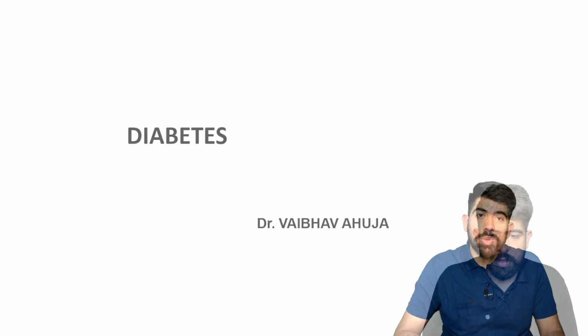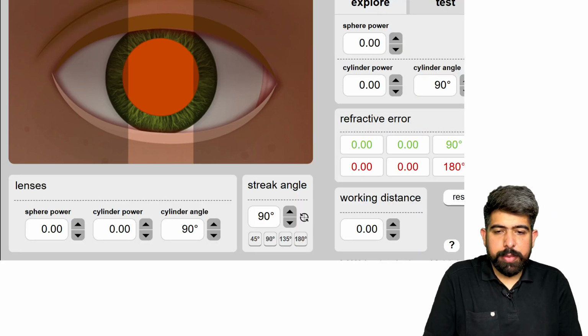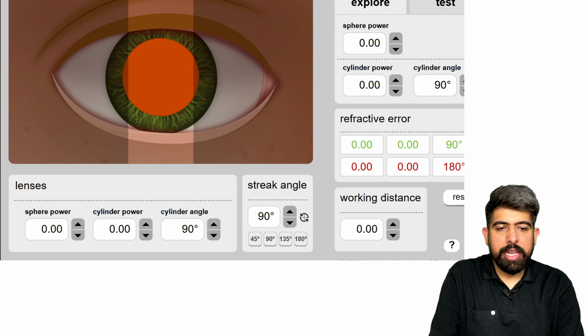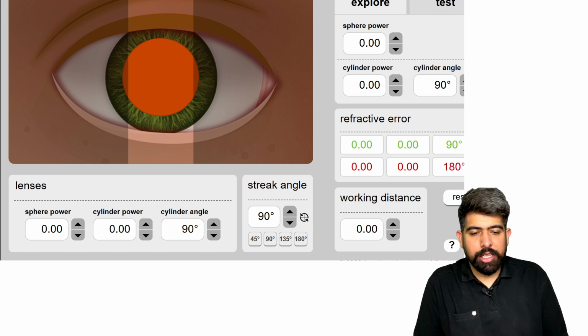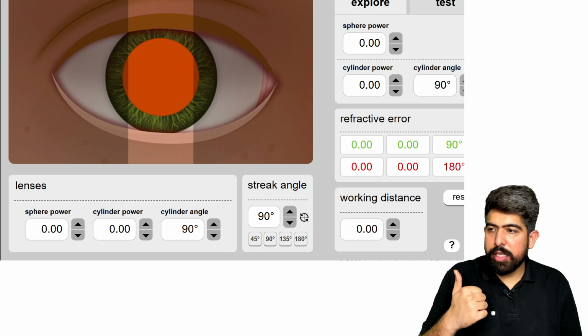I think it's screen 3. Hello guys, welcome to... Just a minute, guys. Yeah, it's visible. Very good. As it is visible to you, now I can show you. It is visible on the screen.